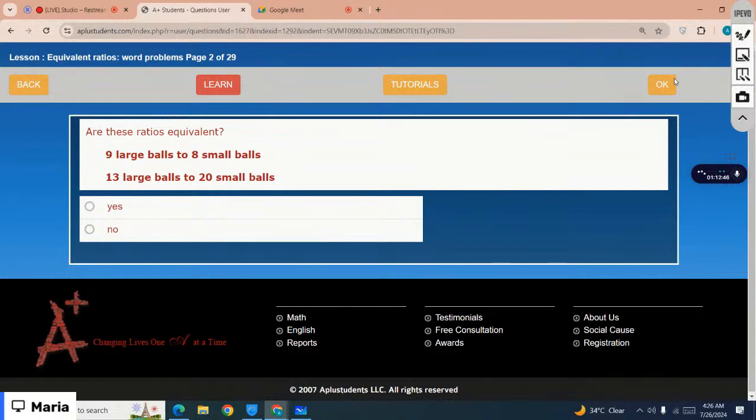So, solve the question on your notebook and write the answer in the chat box. They are not equivalent, right? The correct option is no. Very good.